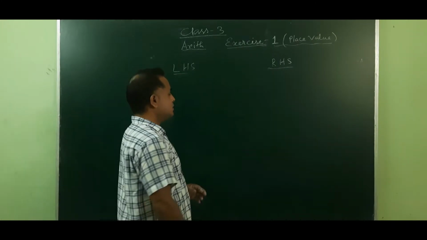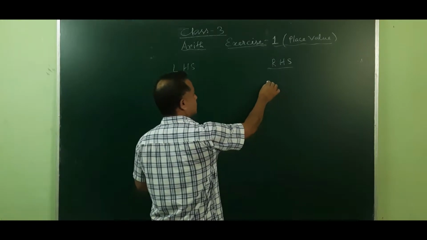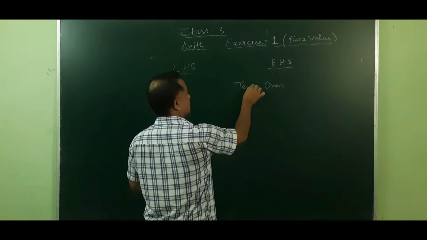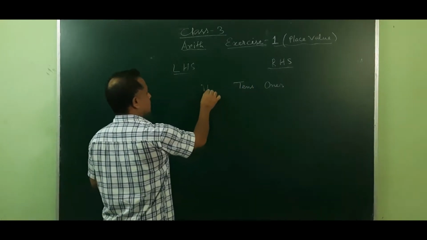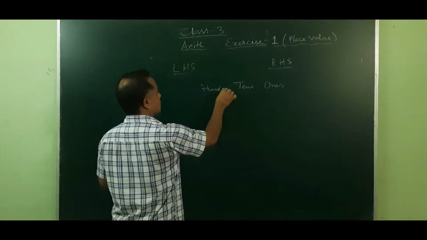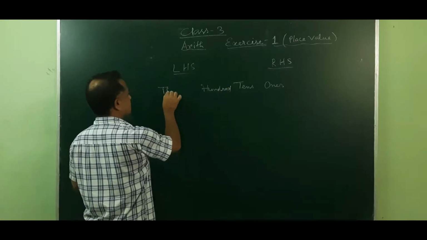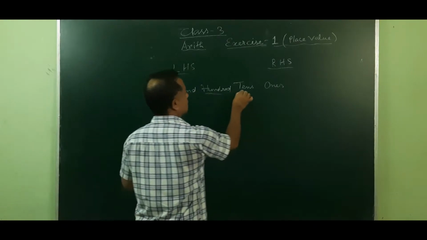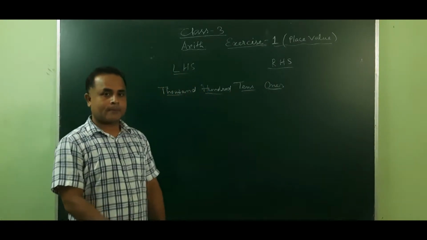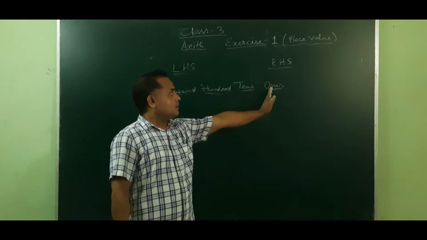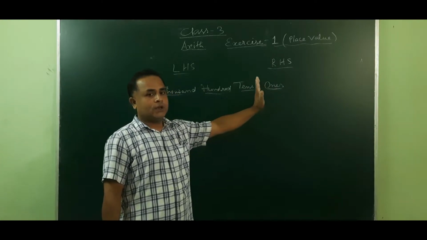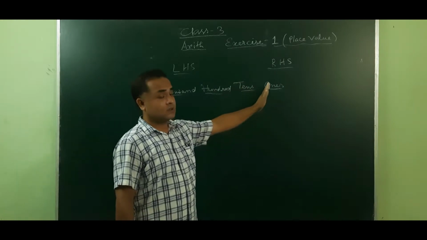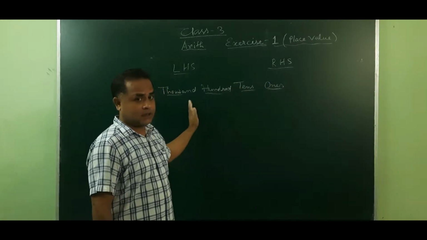Now the counting system starts from the right hand side, that is ones, ten, hundred, thousands. When we place the value, we start from the right hand side.